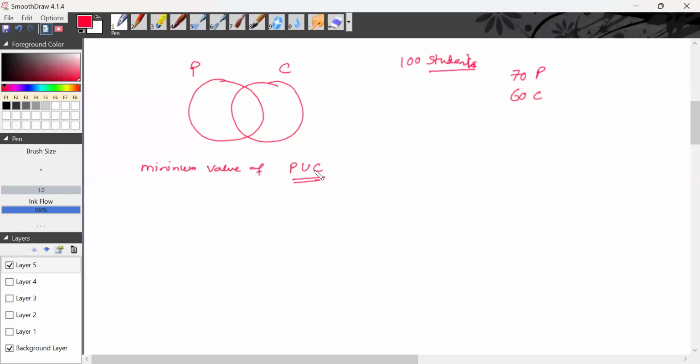Okay, 70. Any other answer? इसको भी निकालो. What could be the max value of union of P and C?